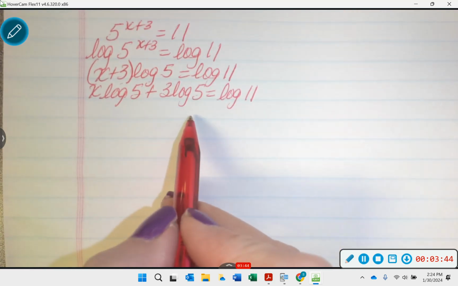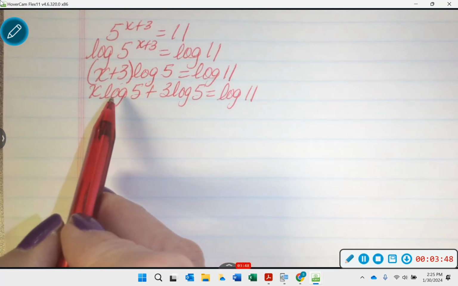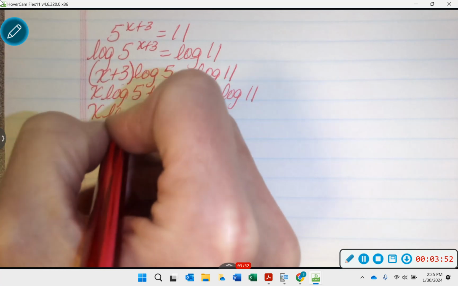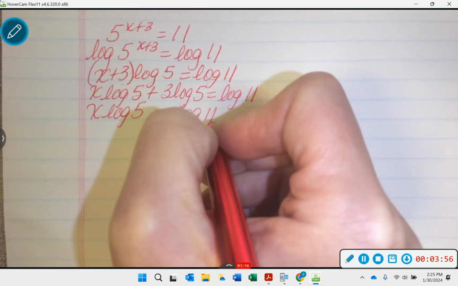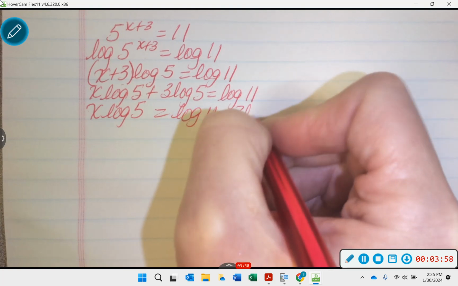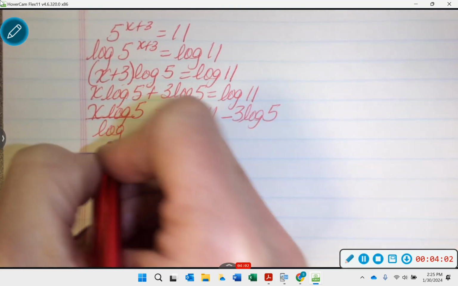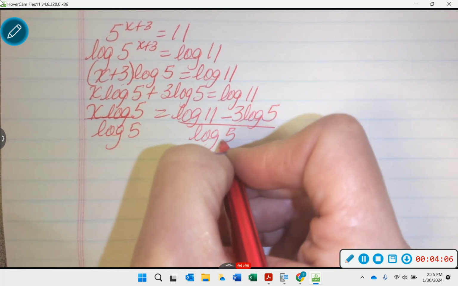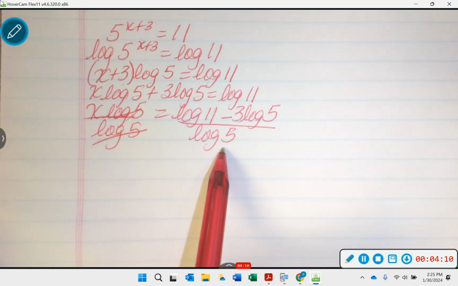And so now I could write this as x log 5 equals log 11 minus 3 log 5. And then we can just divide by log 5 on both sides. And we could get that answer right there.